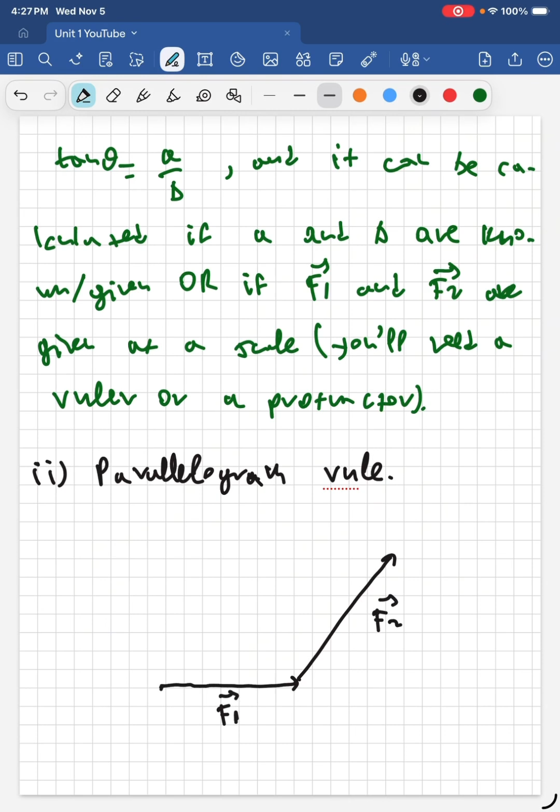So the parallelogram rule tells you that you need to draw parallel lines. So a parallel to F2 and then a parallel to F1, all right? And the summation is the diagonal, okay? So this is the diagonal. Is there anything else to say here? No, that's it.